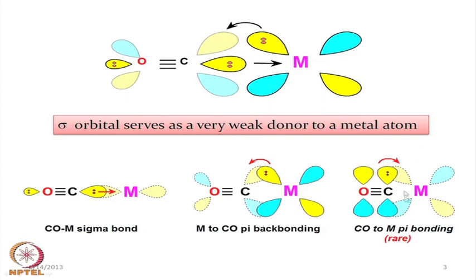But if the metal orbitals have the matching symmetry, depending upon the metal ion, whether it is chromium or cobalt or titanium or vanadium, with the filled carbon monoxide pi bond, then we can push some amount of electron density, and there we consider carbon monoxide as a pi donor ligand.